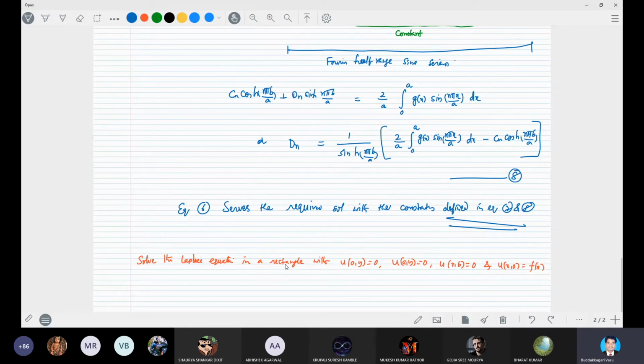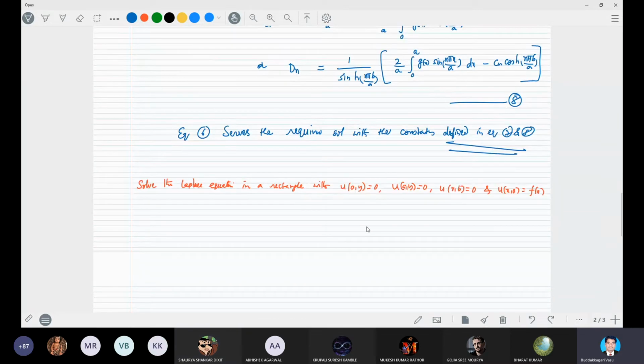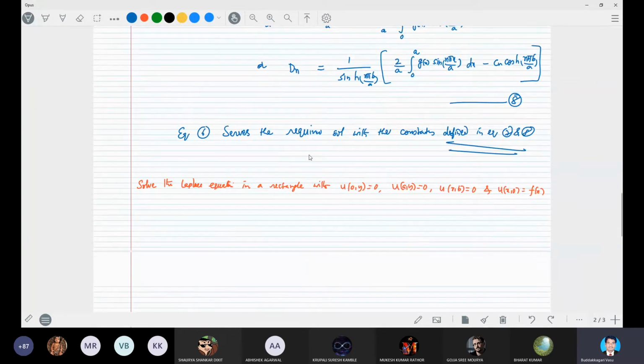Can you solve this problem? You do it in the same way and understand the solution process for obtaining the temperature distribution, right?